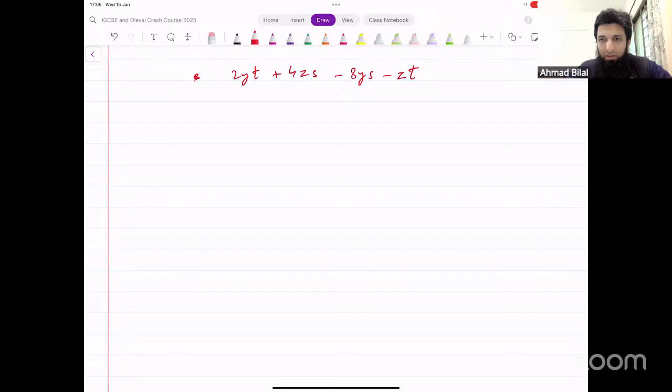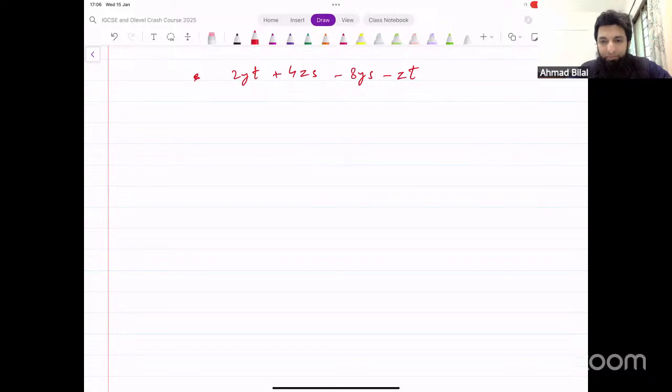Any idea about this? Can we take anything common from the first two terms? Well, we can't. Can we take anything common from the third and fourth terms? We can't. So sometimes you end up getting expressions that look like this, in which you cannot take anything common outside, right? Now, what do you do with them in such problems when you have four terms like this?